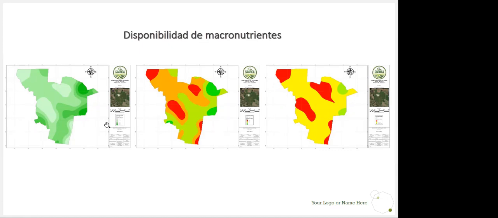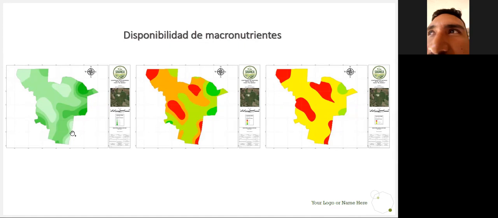Yeah, the most light green. Light green, yes.